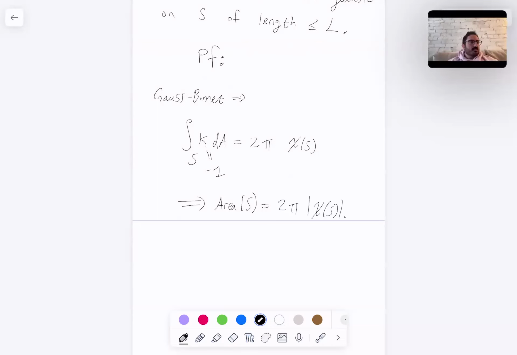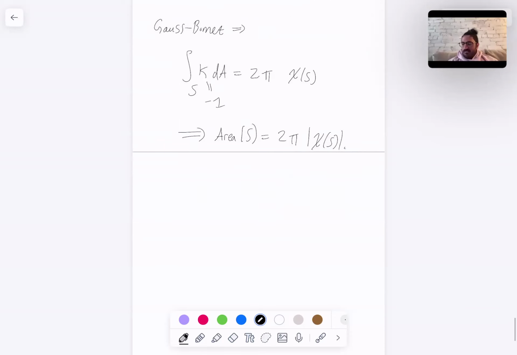And this is a topological invariant. It doesn't depend on anything except the genus. The genus here, of course, determines the topology by the classification of closed orientable surfaces. So the point is that the area of the surface only depends on the topology of the surface and not on the choice of metric.